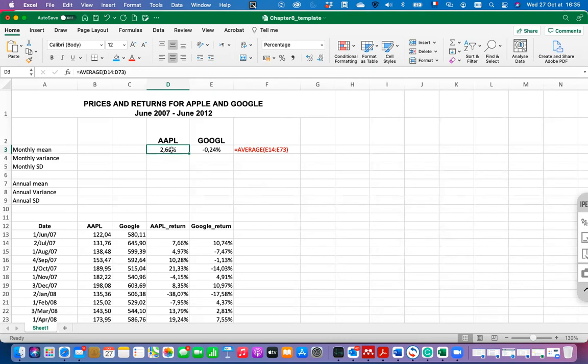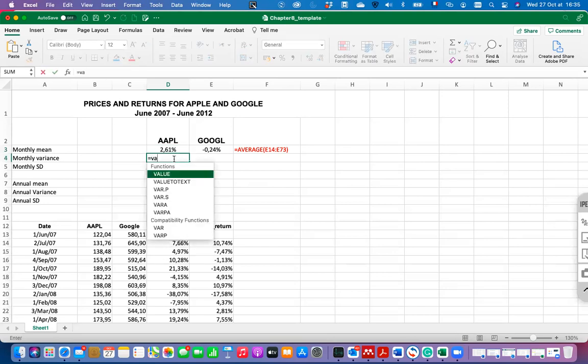Now, the monthly variance and the monthly standard deviation, right? So we'll start with the variance. It is clear here that we have just a sample because both Apple and Google exist way before 2007, and they exist way after 2012. So it's clear that we have just samples here. So we go here, use equal variance.